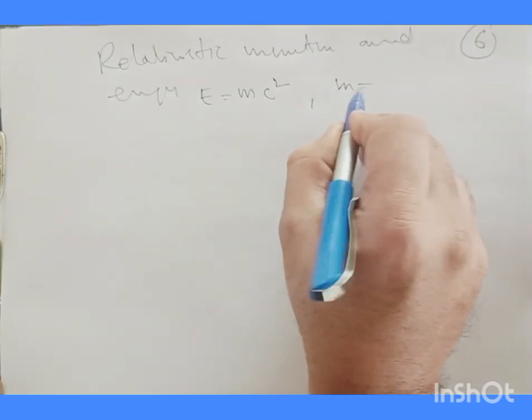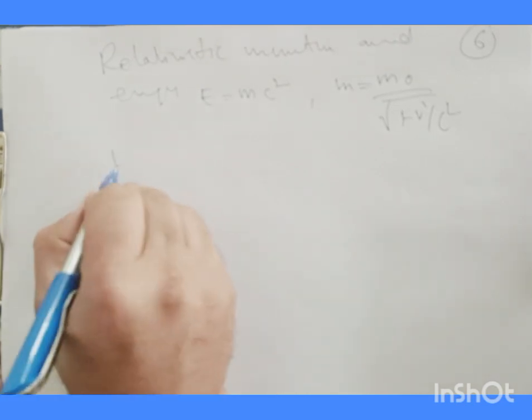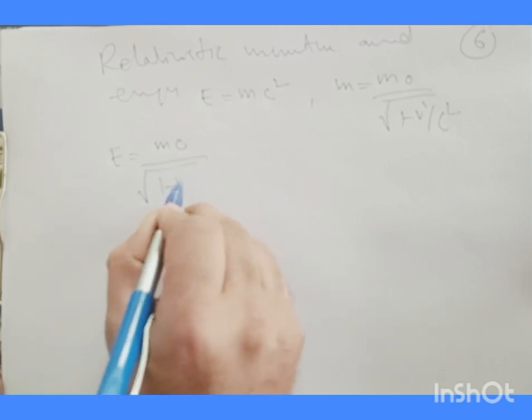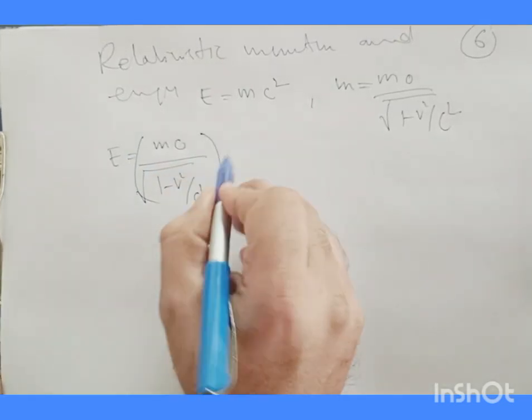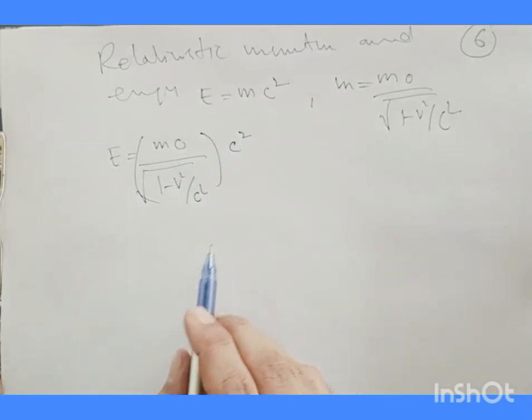For m, I can use m naught by under root of 1 minus v square by c square. That's the case. So what will be E? E is going to be m naught by under root of 1 minus v square by c square times c square. This is what we are going to have from this equation, right?